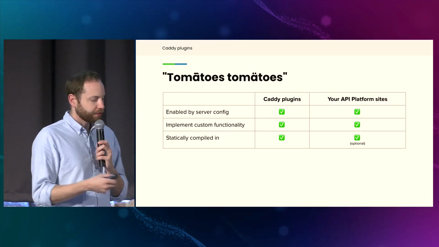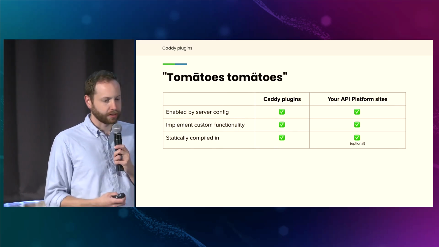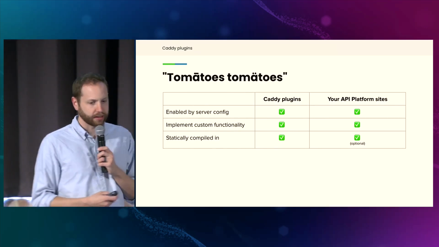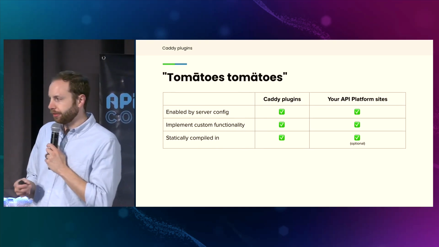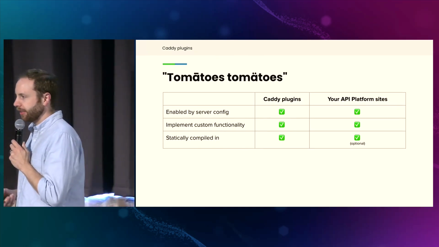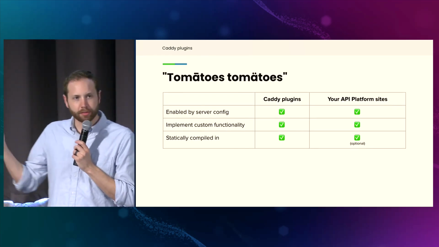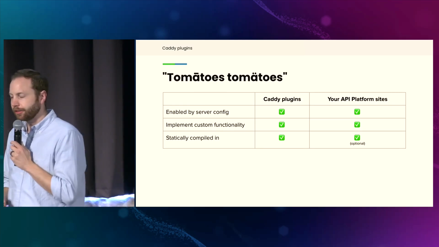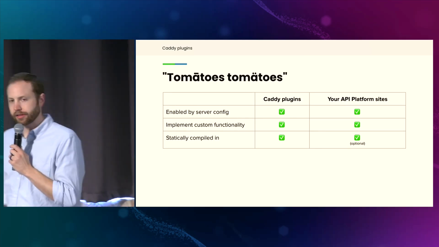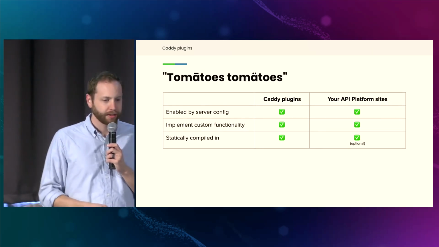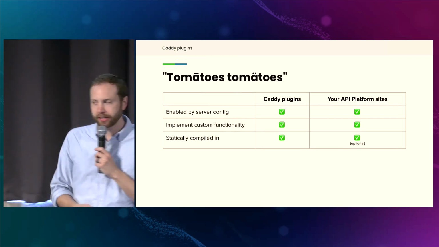Caddy plugins are statically compiled in. Sure, they implement custom functionality, and they're enabled. You turn them on in your server config, but that's kind of what you do with your API Platform sites, your PHP sites with FrankenPHP, right? I mean, you can statically compile them in.